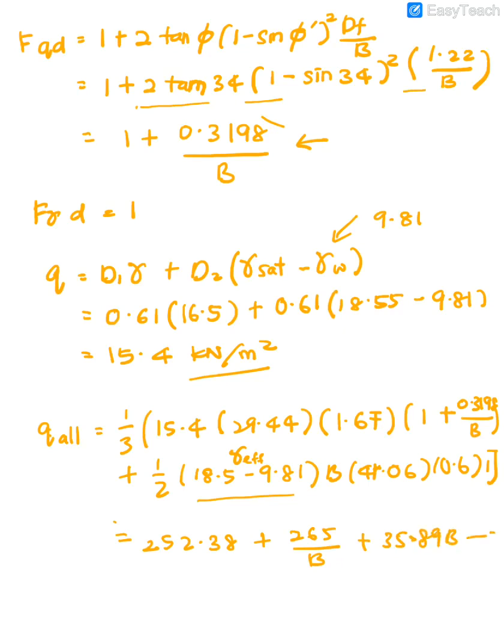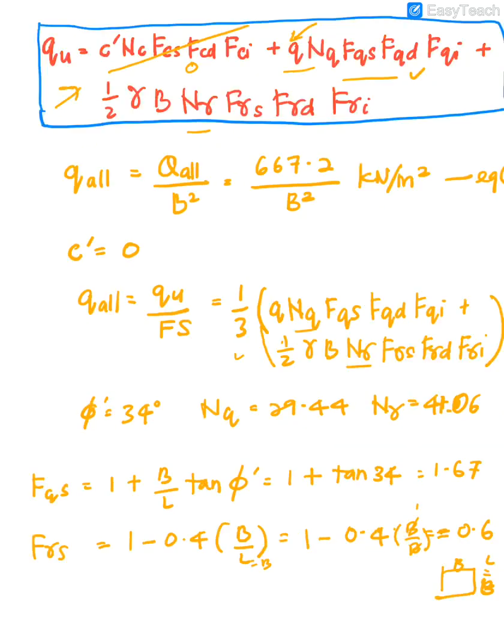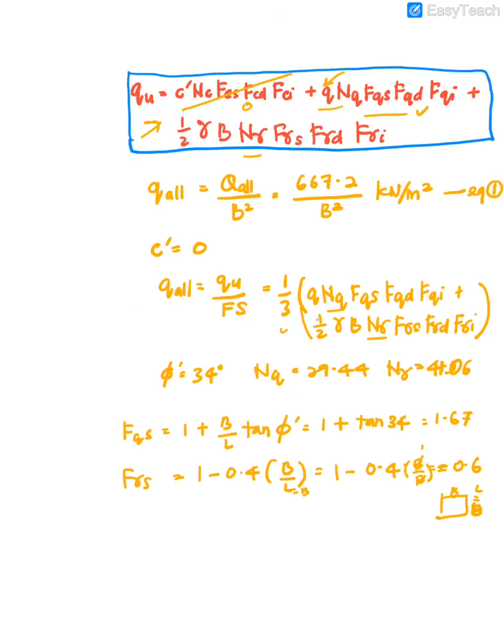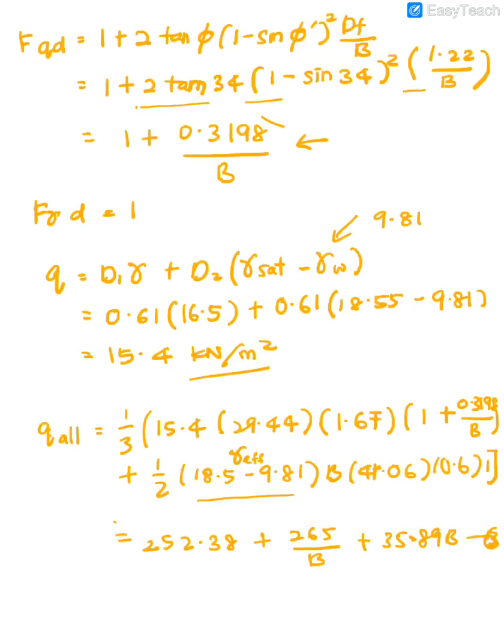So that is equation number 1. Now for the second one, q allowable is equation number 2.